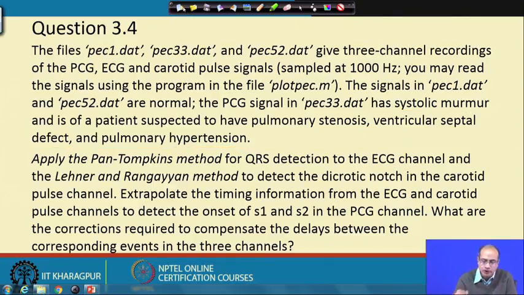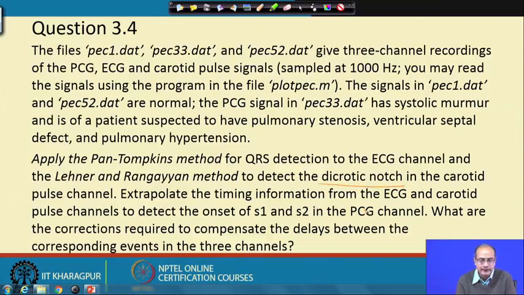Now, to get the PCG signal, we need to take the help of 2 other signals: the QRS in the ECG, and we use the Pan-Tompkins algorithm to detect that, and for the carotid pulse we need to find the dicrotic notch.